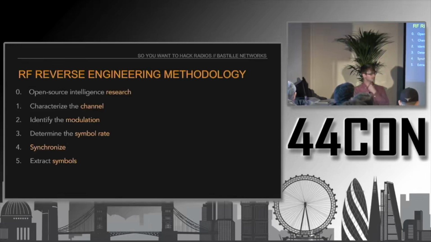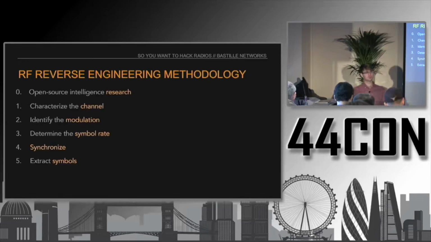So the open source intelligence process didn't yield anything fruitful outside of the tiny bit of information from the user manual. So to identify the channel, at this point we've characterized the channel. To do so, we basically looked at common ISM bands, and we saw 433 was where it lived. And again, ISM refers to industrial, scientific, and medical.